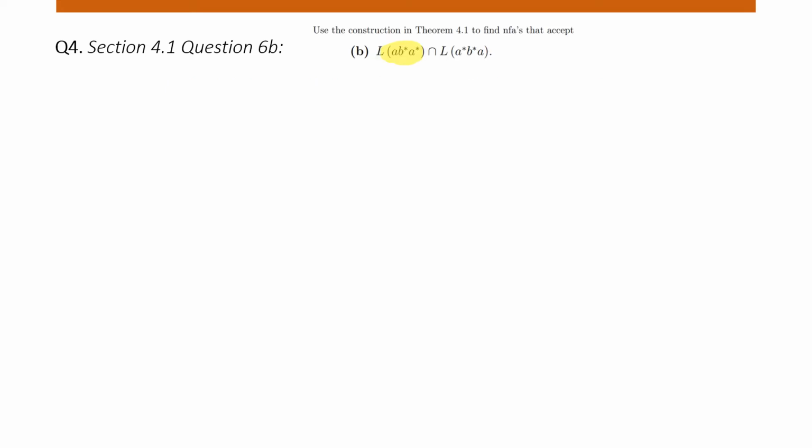All right, so let's construct a DFA for the first language. The first language is a single A, so you can have a single A in that language because of the stars here, followed by any number of B's, followed by any number of A's. So a single A is accepting in this language.